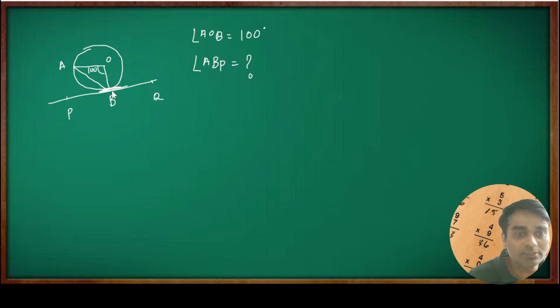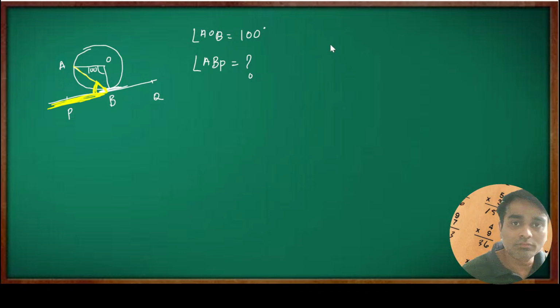ABP means this triangle angle they are asking about here, which is outside the triangle only. A, B and P, this one. So what concept will we use? Simple. First of all, this triangle is inside the circle, correct?